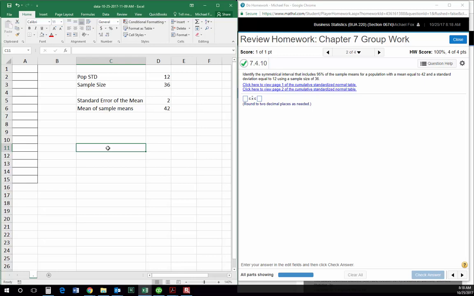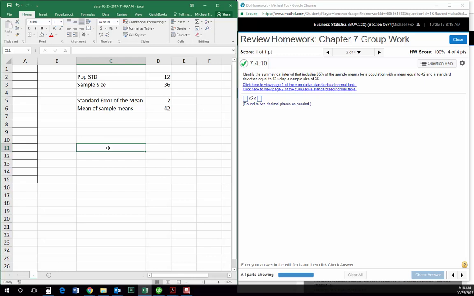And so what we're looking for is what z-value, what z-score is going to give us 97.5% of all the values. And the reason for that is because if we find the z-score, that leaves 2.5% of the values above that z-score and 97.5% of the values below that z-score.